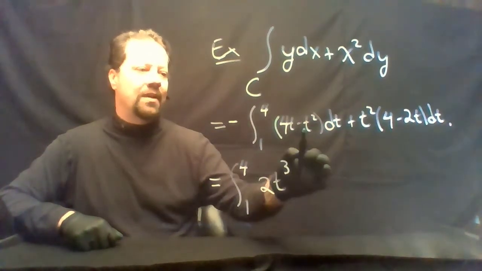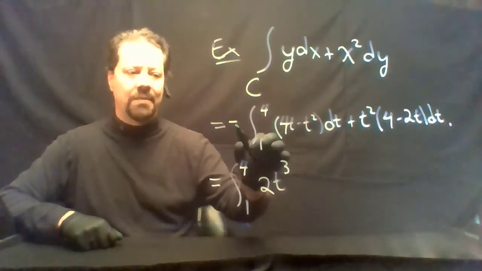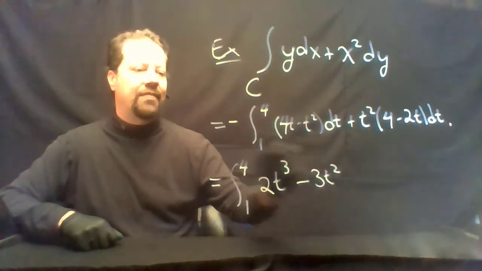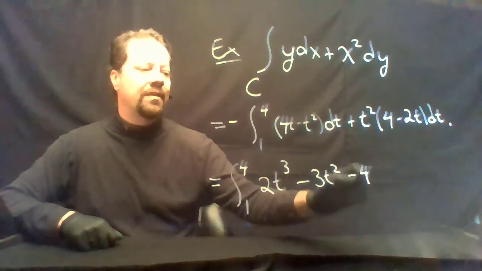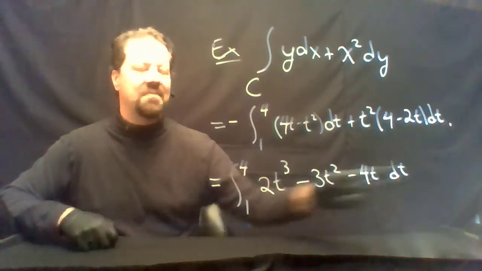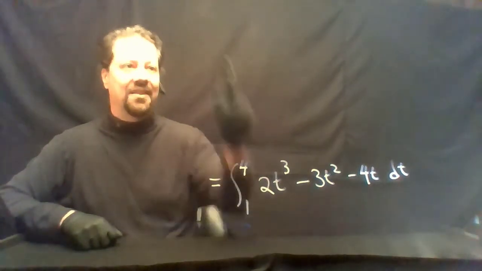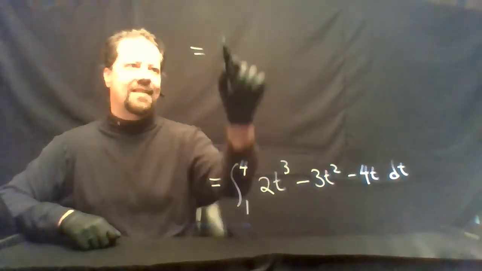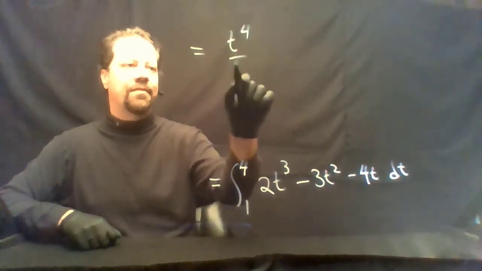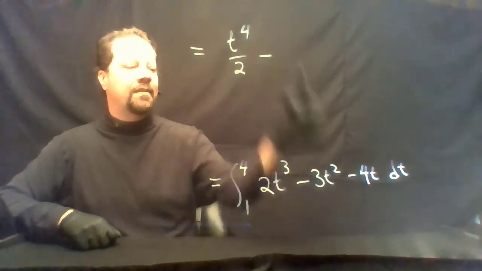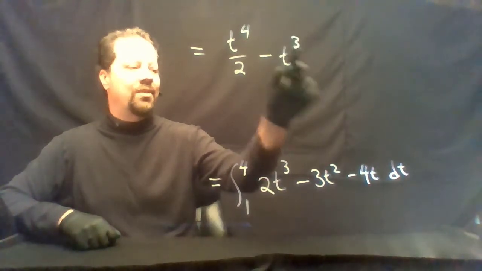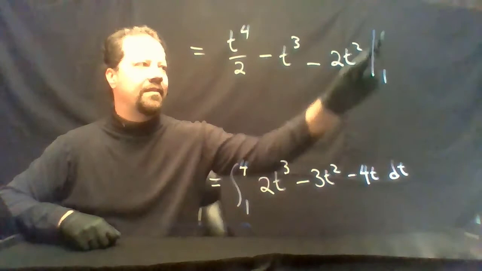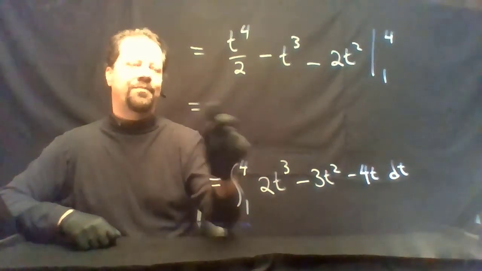We'll have 4t squared minus t squared is 3t squared, but then we get a minus. And then we have left over a minus 4t all times dt. Integrating, we'll have t to the fourth over 4 canceling the 2 leaves us with t to the fourth divided by 2 minus t cubed minus 2t squared, evaluated from 1 to 4.